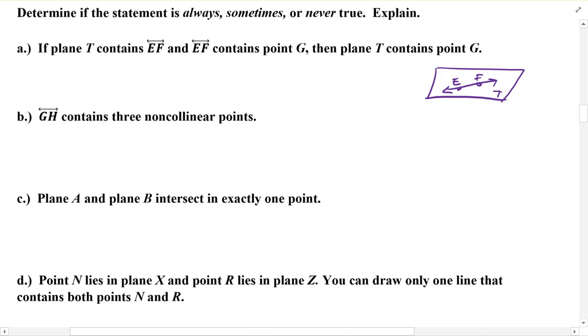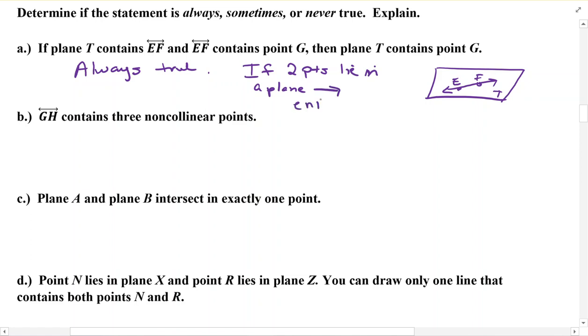And so it's always true, and the reason is that if 2 points lie in a plane, then the entire line does.